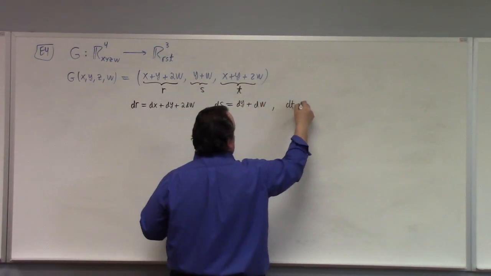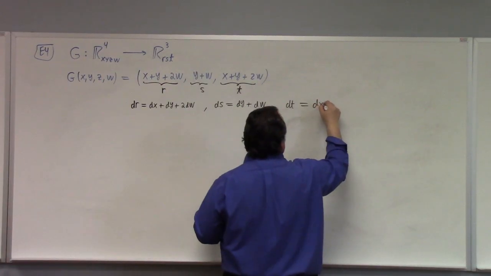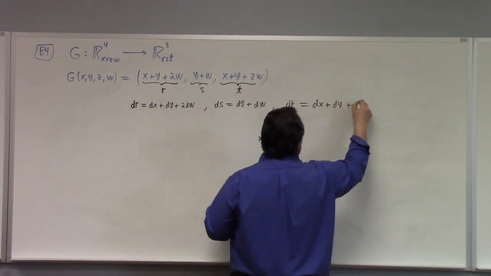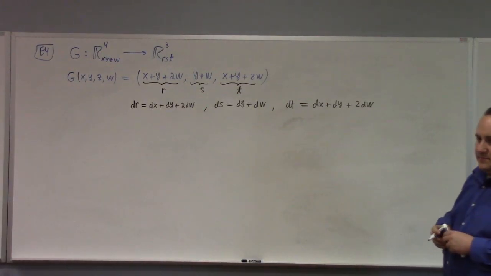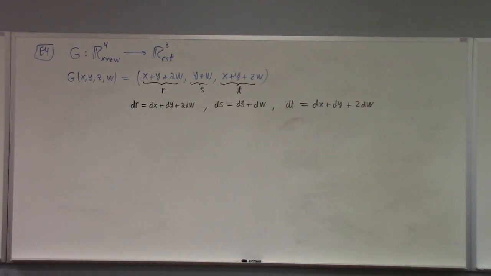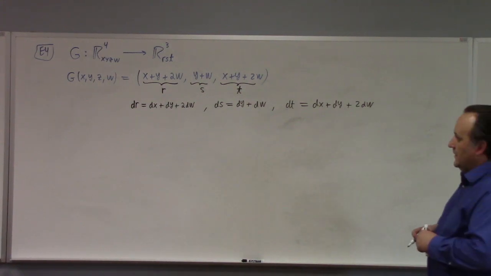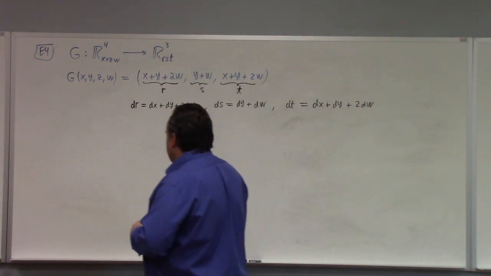And dt is dx plus dy plus 2 dw. So this particular function's linear. Honestly speaking, this is kind of overkill for this problem, but I think it's good because it's simple to understand. All right, so what's the pullback?